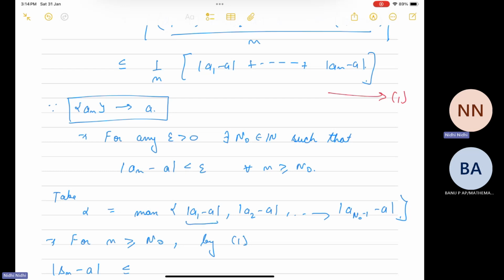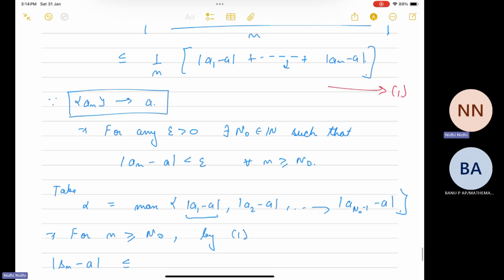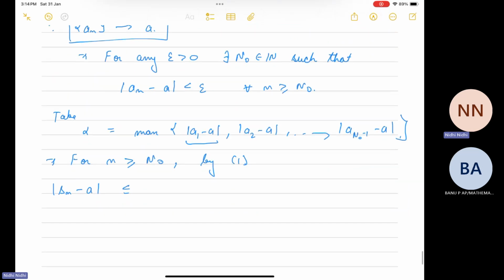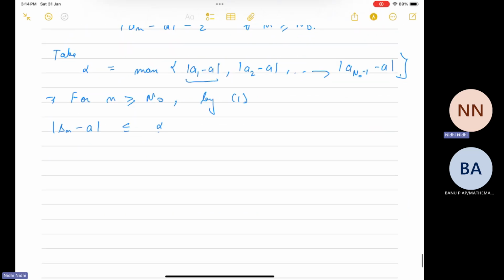That means alpha is greater than or equal to mod a1 minus a, and so on. Somewhere in between, we must have some term of the type mod a of n naught minus 1 minus a. So up till there, all the terms will be less than or equal to alpha. So this turns out to be less than or equal to alpha by n plus alpha by n and so on up to alpha by n.